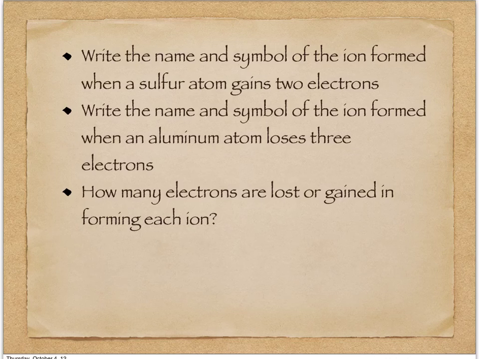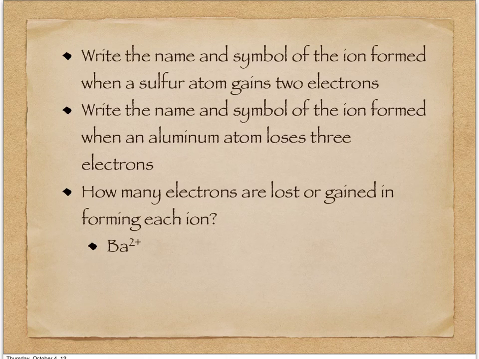Alright, so it says how many electrons are lost or gained in forming each. So think about this. If I form Ba2+, barium 2+, it becomes the barium ion or the barium cation. How many electrons did it gain or lose? Okay, it lost 2. How about arsenic? First of all, what's going to be its name?